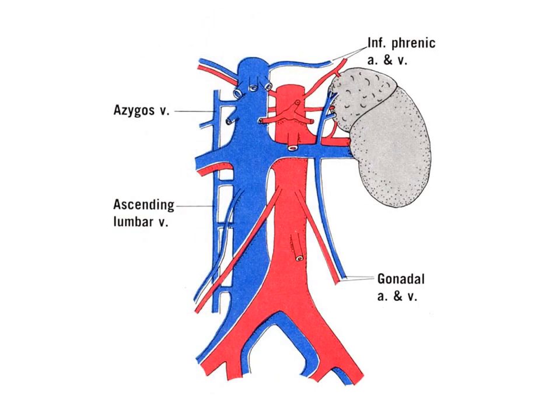You can see here this big one is the celiac trunk, the one going behind is splenic, and the one going to the right side is the common hepatic.